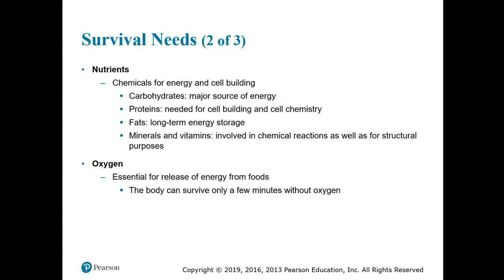So in our cells, oxygen combines with glucose, and a structure in our cells called the mitochondria breaks down glucose in the presence of oxygen and produces energy in the form of ATP. So we need oxygen to help us break down glucose for energy. That process is called cellular respiration.